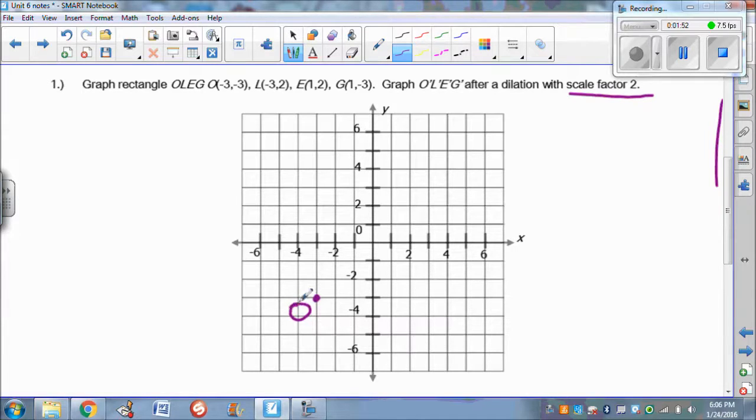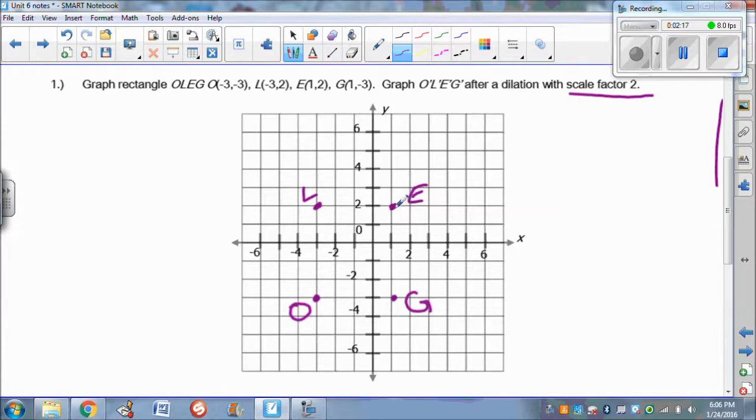Make sure you label it O. L is negative 3, 2, so left 3 but down 2. Label it L. E is 1, 2, so we go right 1 and up 2 and label it E. G is 1, negative 3, so we go right 1 and down 3 and label that G.